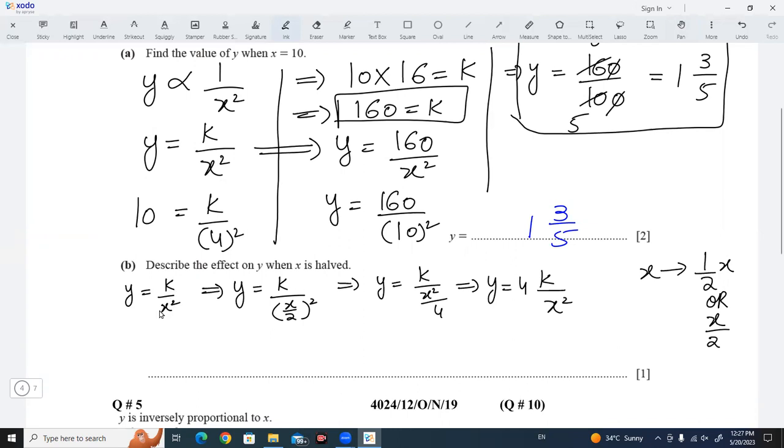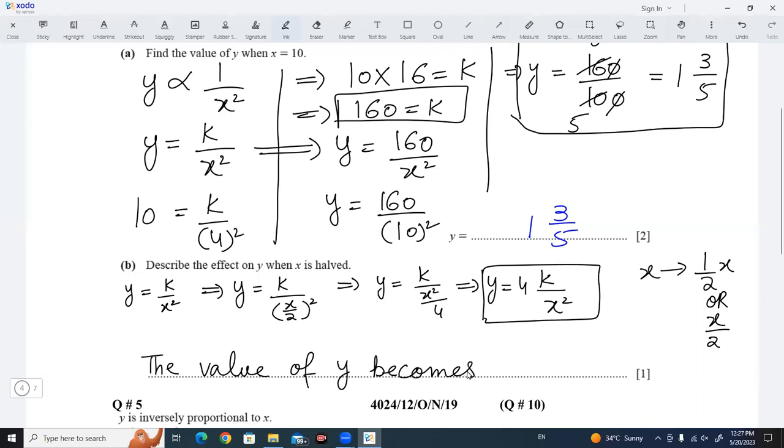K over x squared was the original value, and it was 4 times here. So the value of y becomes 4 times the original value.